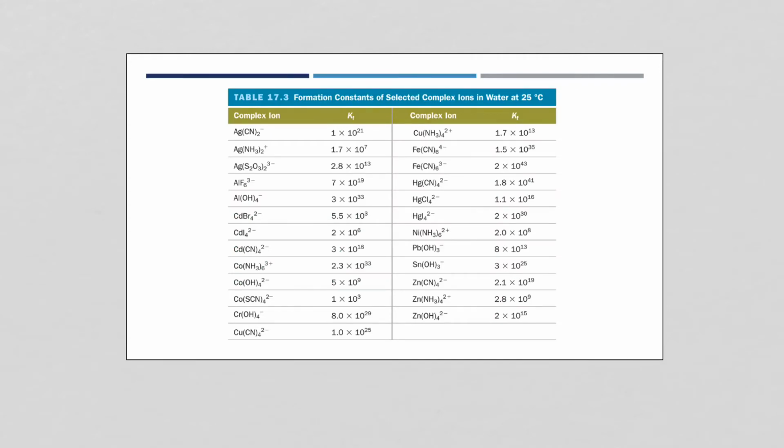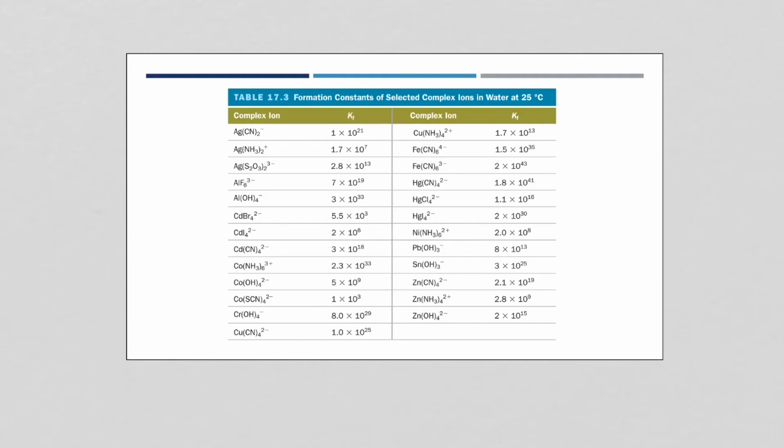If we look at a table showing a bunch of these different formation constants, one big obvious thing that I want to point out is notice the values, right? A lot of the other equilibriums that we've looked at have had very small values, with negative exponents, indicating that those equilibriums are very reactant favored, such as the acid ionizations for weak acids or the solubility equilibriums that we just looked at.